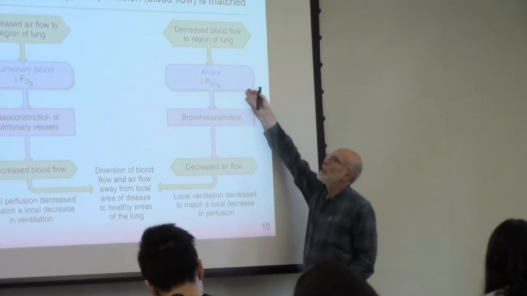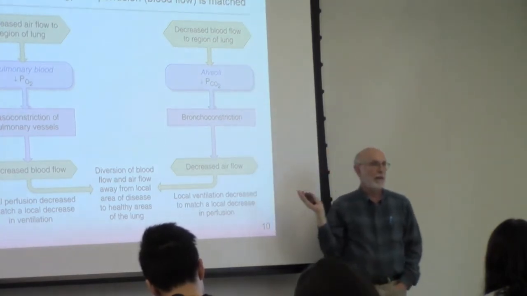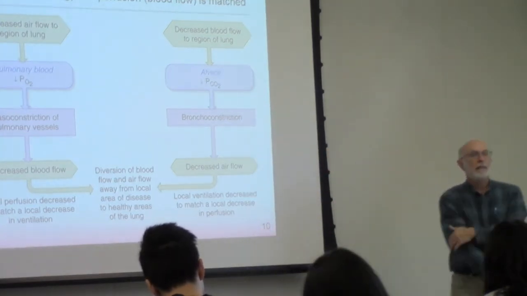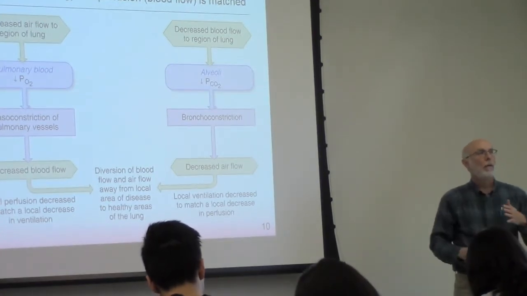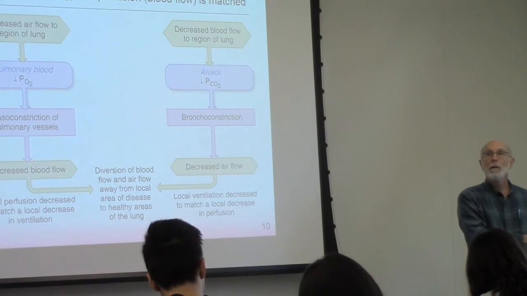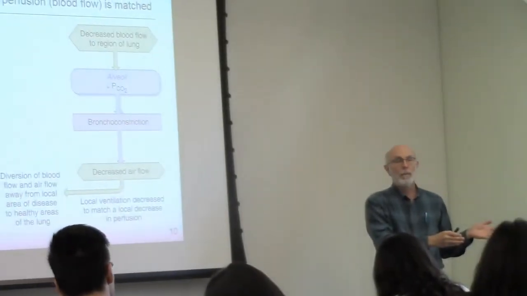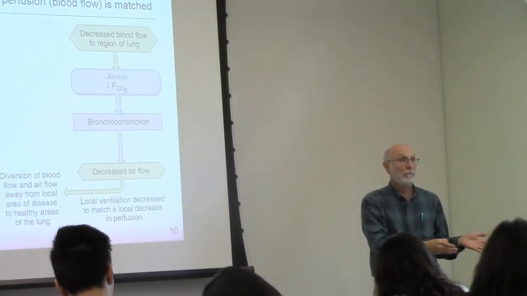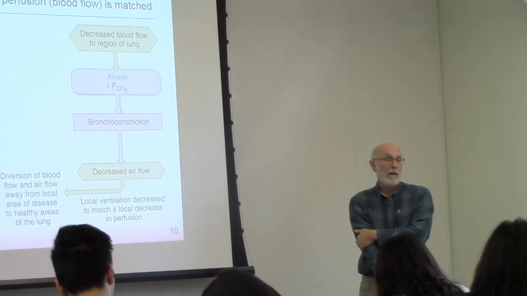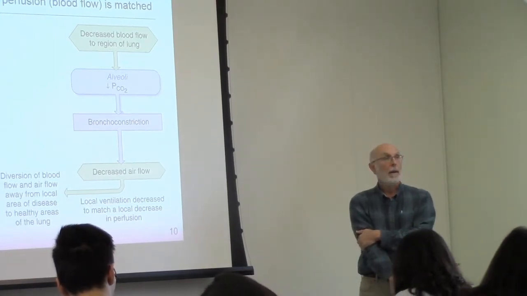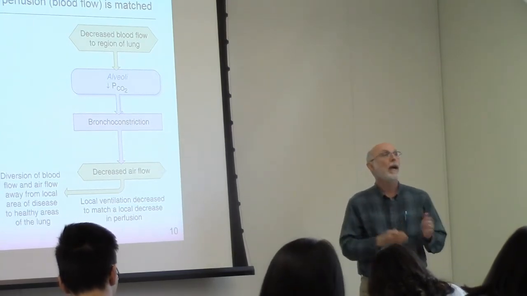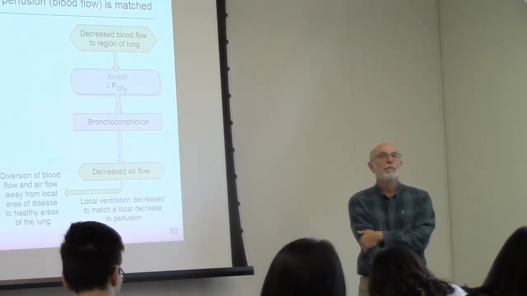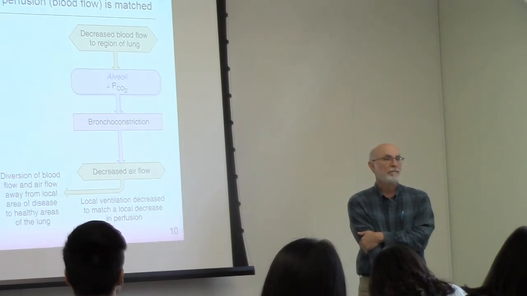So you don't need to be able to regenerate this figure. The main concept is that smooth muscle constriction of either pulmonary circulation or of airway can divert air or blood to the areas where it serves the body's needs best.